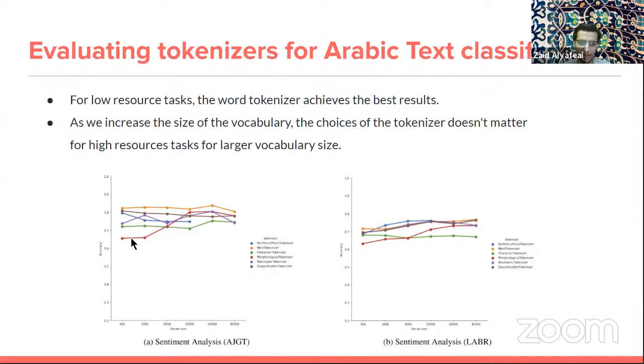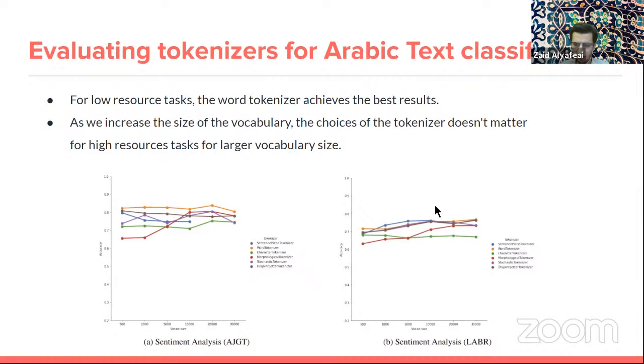The red tokenizer achieves worse results at the beginning, and as we increase the vocabulary size, here we use 6 vocabulary sizes. We start from 500, 1,000, 5,000, 10K, 20K, and 30K. For sentence-piece, it stops at 10,000 because I think the number of unique vocabulary in the dataset is around 10K.